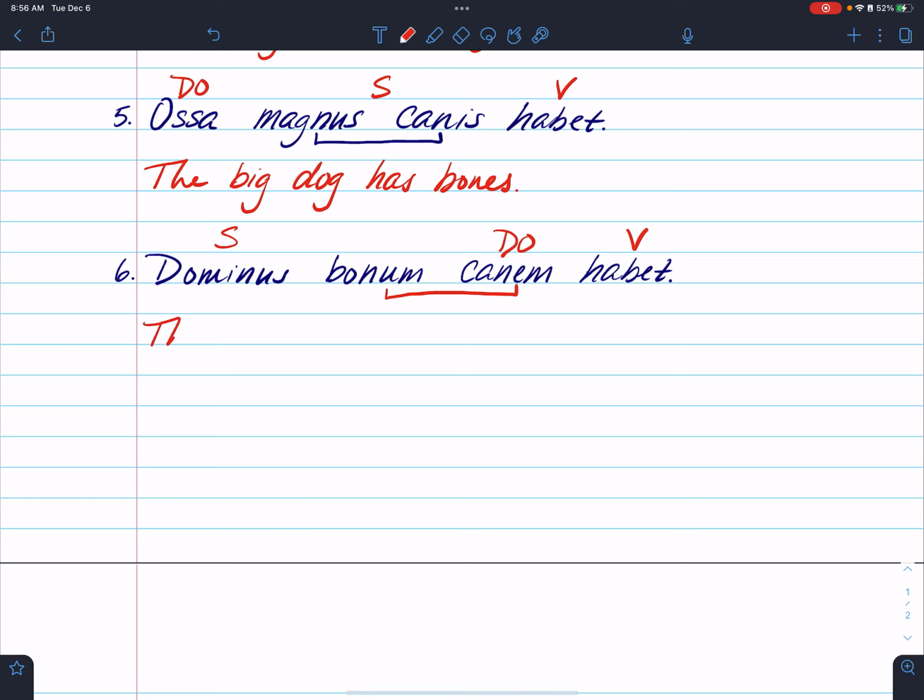All right, so the master has big dogs or a big dog? A big dog. Well, what does bonum mean? Oh, I'm sorry, a good dog. Sorry, I got so used to using magnus.